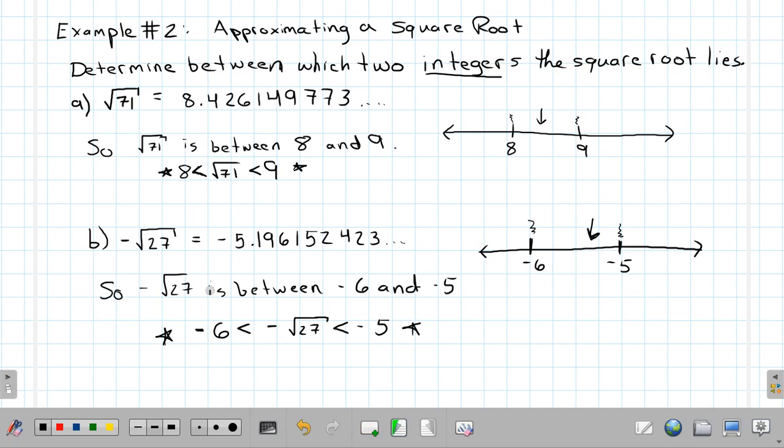Okay, so that's the first type of question you'll be asked about in terms of finding square roots or approximating square roots. So once again, easy way, do it in the calculator. But if you know what I'm talking about when I went over it the last time, all right, 71, it's between 64 and 81. So square root of 71 is between the square root of 64 and the square root of 81.